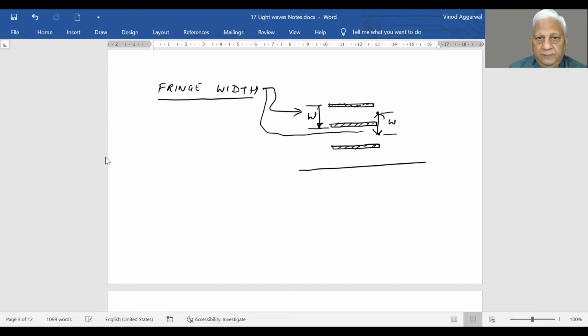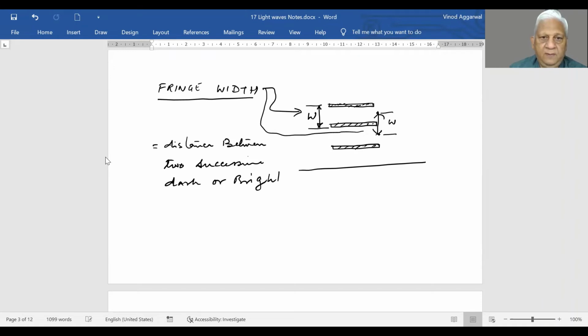Both will be the same. So fringe width is the distance between two successive dark or bright fringes, whichever one you take.